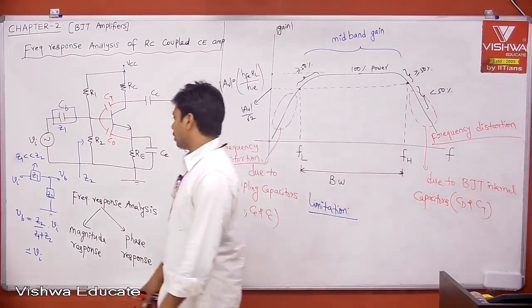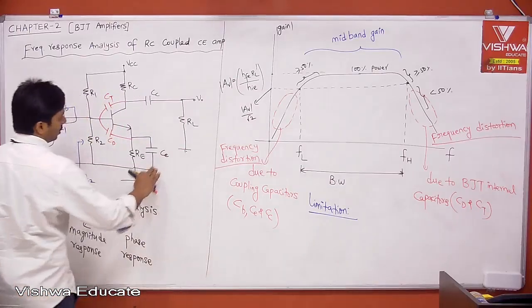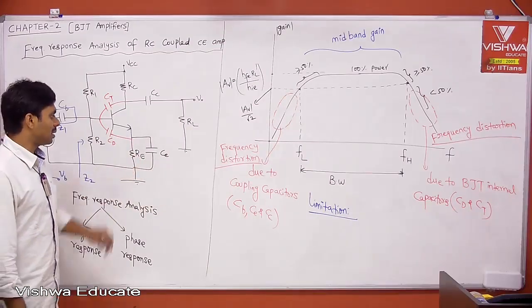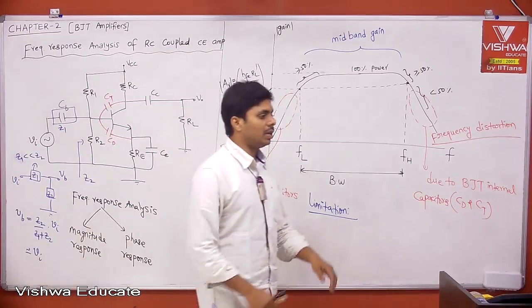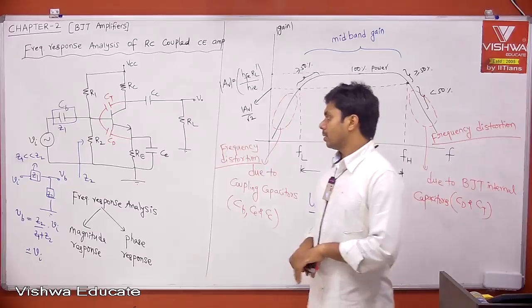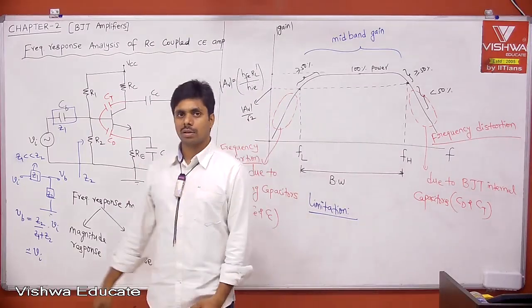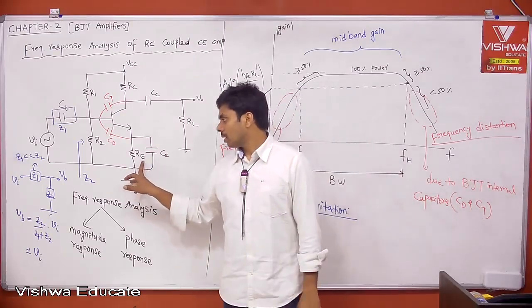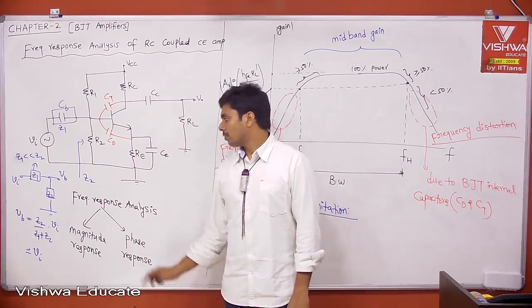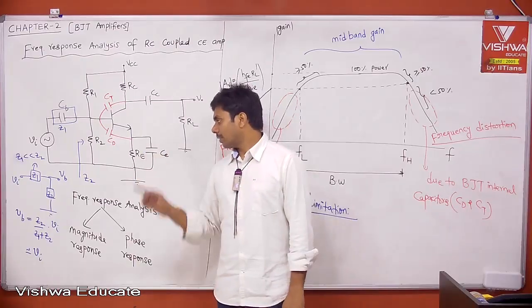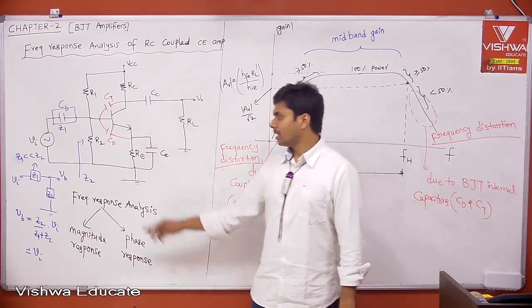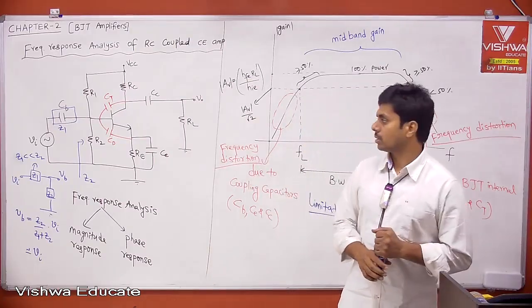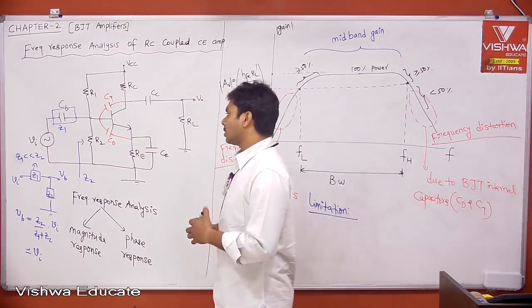Therefore CE is bypassing the negative feedback resistor RE during AC analysis.